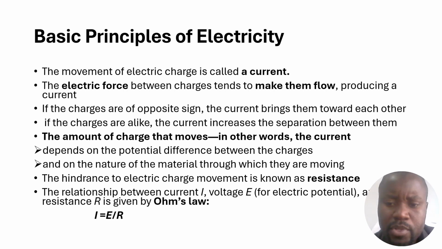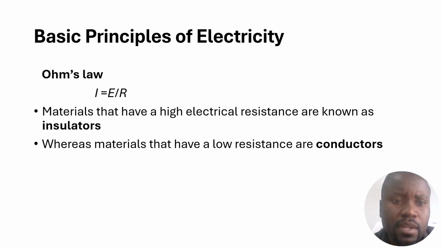So the larger the potential difference, which is determined by the difference in the amount of charge, the larger the current is likely to flow in that medium. So Ohm's law then states that the current is inversely proportional to the resistance, while it is directly proportional to the potential difference or the electric potential.